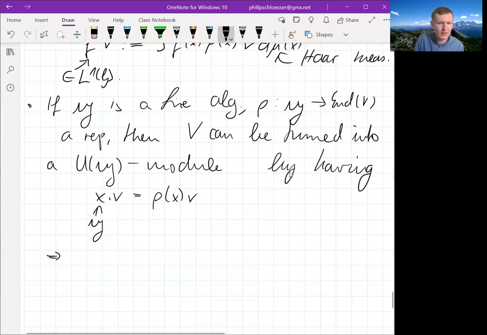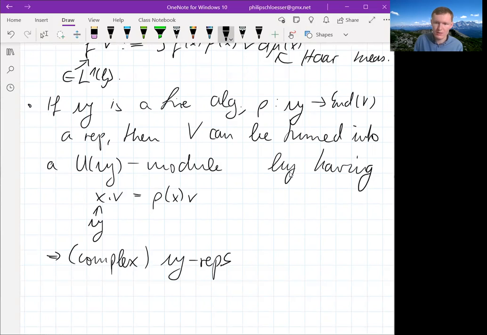So this means that representations of our Lie algebra can be identified with UG modules. And again, we're talking about complex representations.